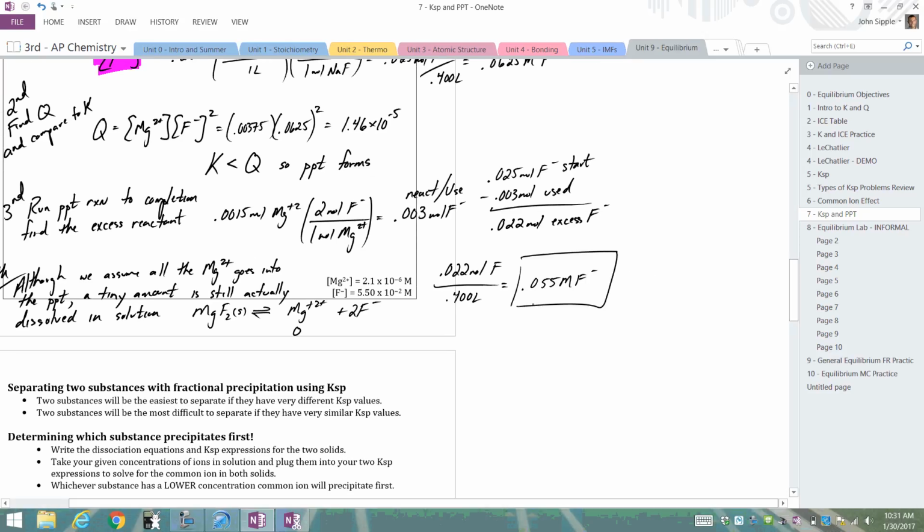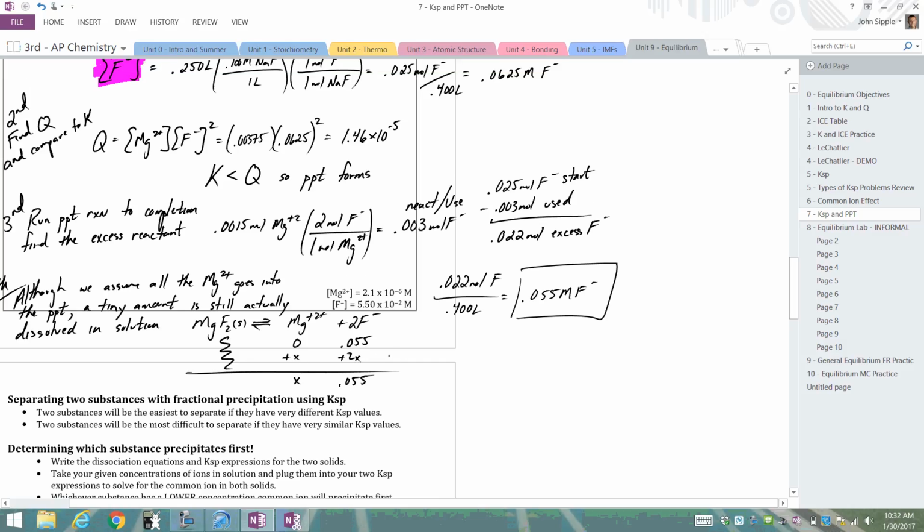So that's how much fluoride is still floating around. We're going to plug that in as our initial and do our little ICE table here. And we'll ignore the change like we have been. So Ksp is equal to X times 0.055 squared.